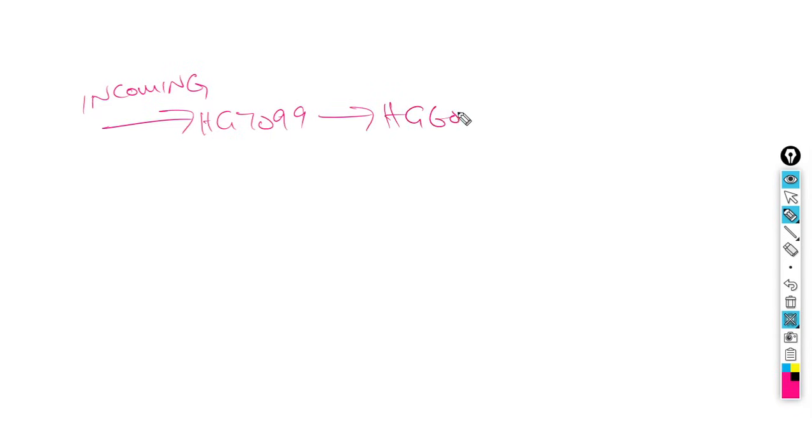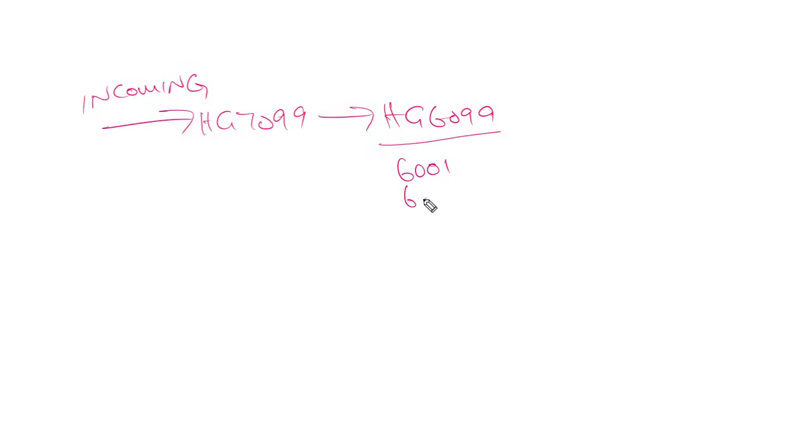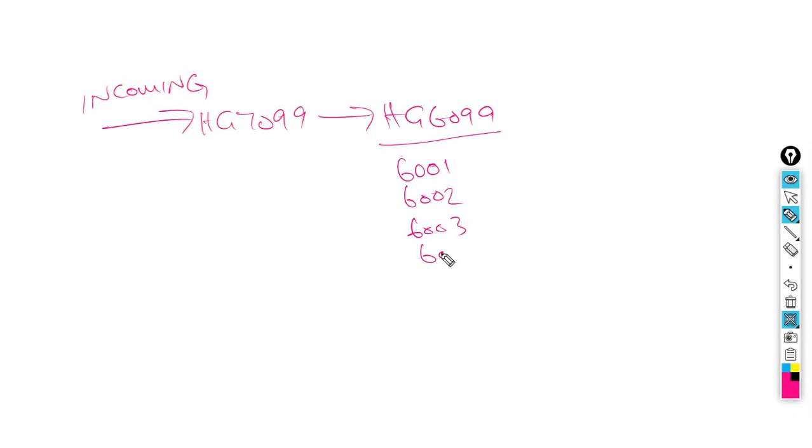Okay, let's do this. We are going to have an incoming call. It's going to go into hunt group 7099, and from there it's going to go to hunt group 6099, and 6099 has got some ports. These ports are the ones that are going to play messages or prompts.